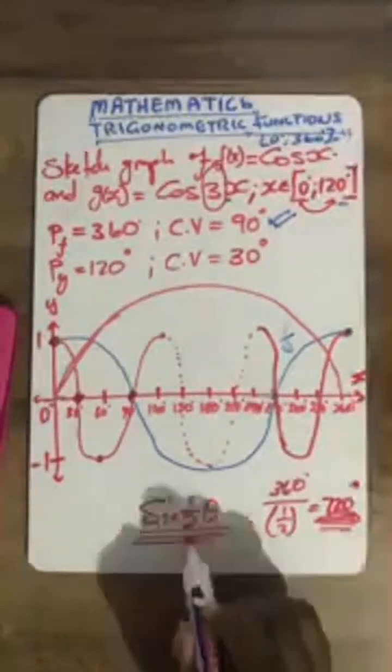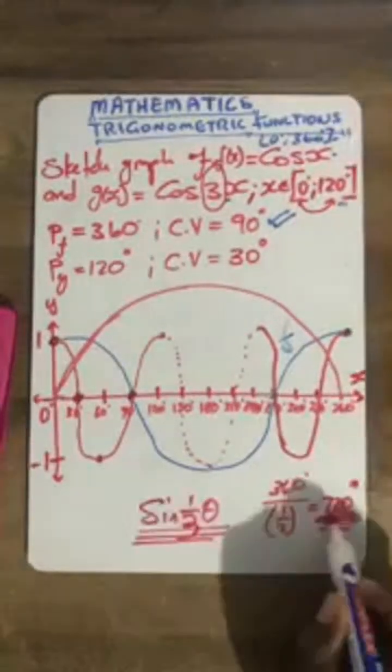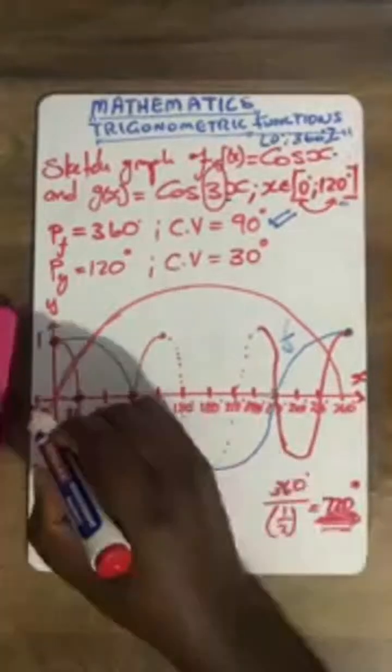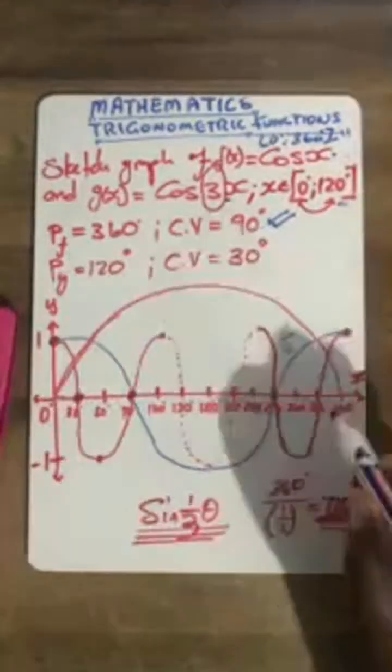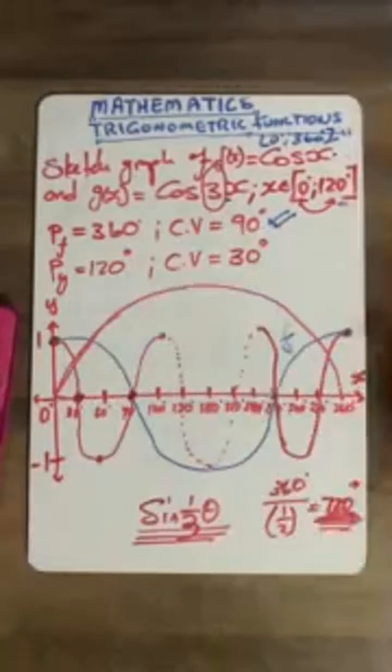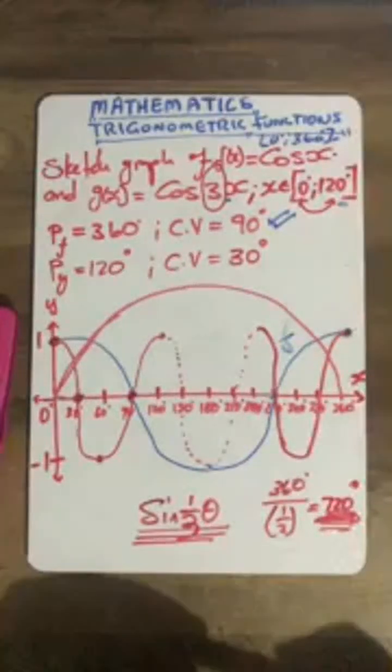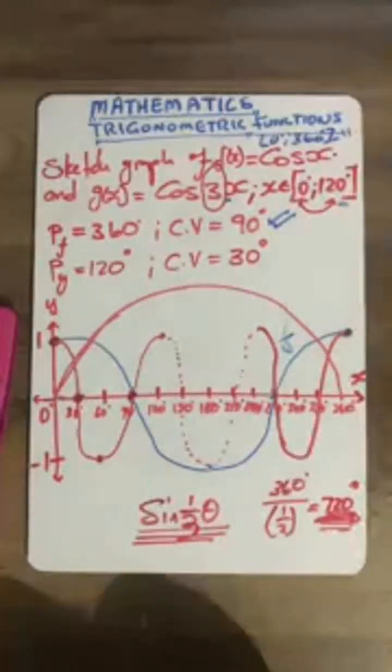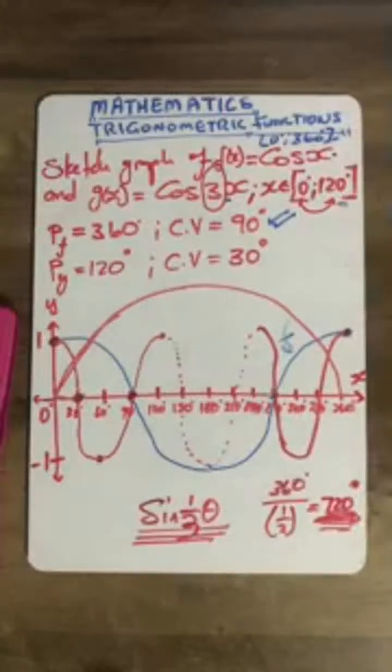If maybe it's 1 over 3, you'll get a bigger number. So this thing will make a bigger turn, and then it would be a full cycle. That's all, honorable members, with regards to that.